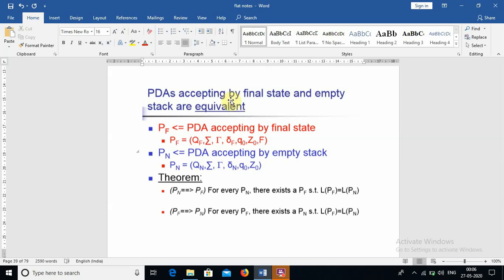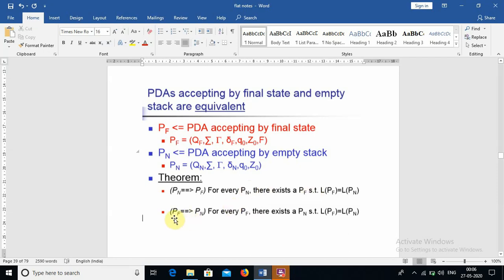So let's take a final state PDA as PF and an empty stack PDA as PN. These are the sets of tuples we define in PDAs generally. If the empty stack PDA is equal to the final state PDA, then for every PN there exists a PF.